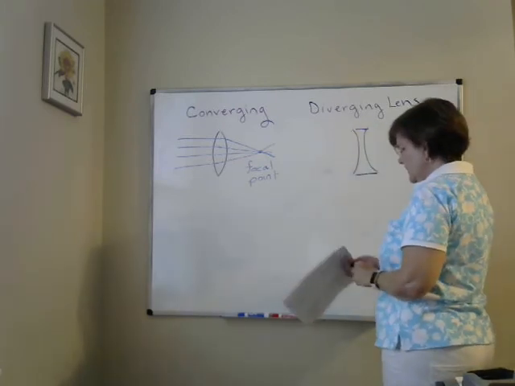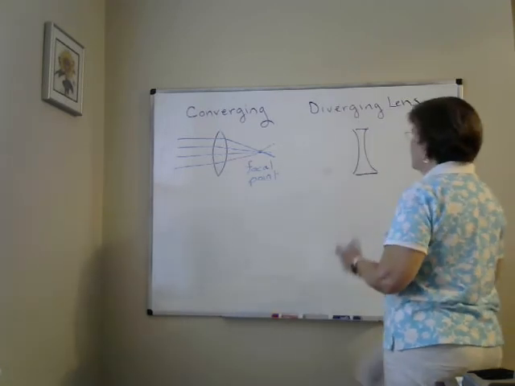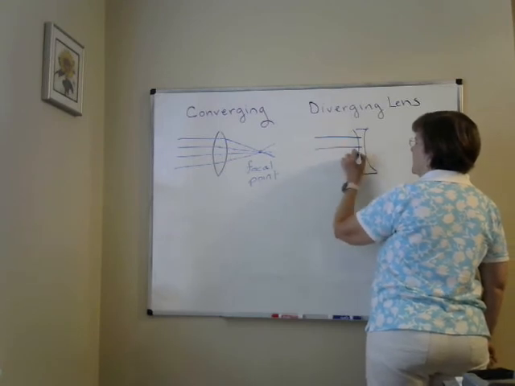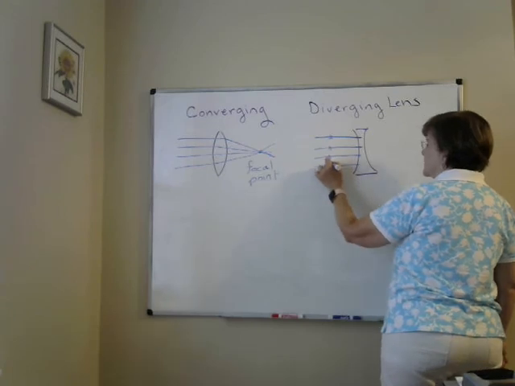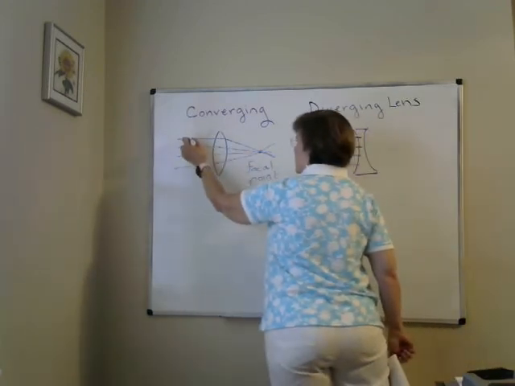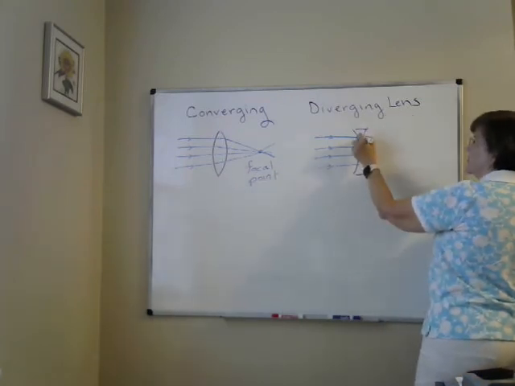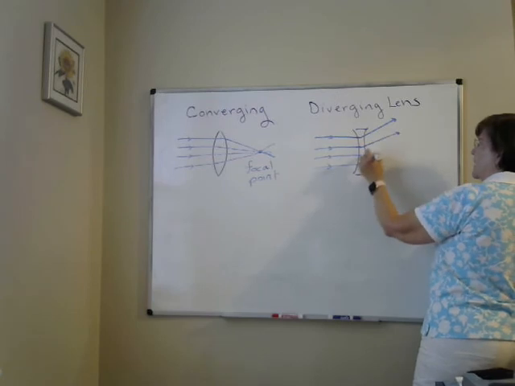And what I would see is if I had those same parallel rays from the sun coming in. So here they are, they're all coming in this way, just like these were. They won't converge. They'll actually bend out. They spread out.